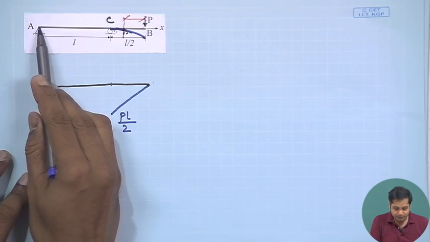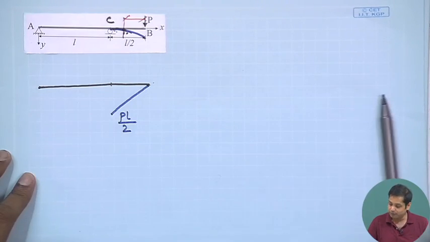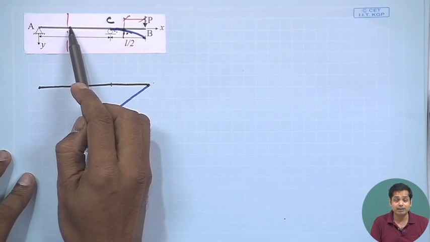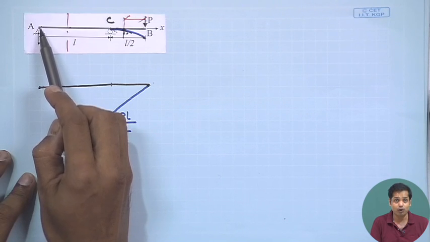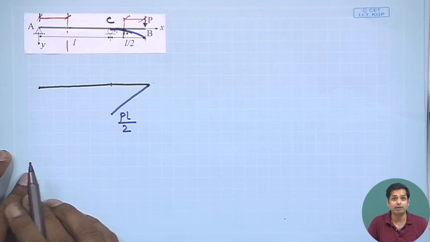Again, between A and C there is no other load. So if you take any section here, the bending moment at that section will be due to the reaction force here, multiplied by this distance.